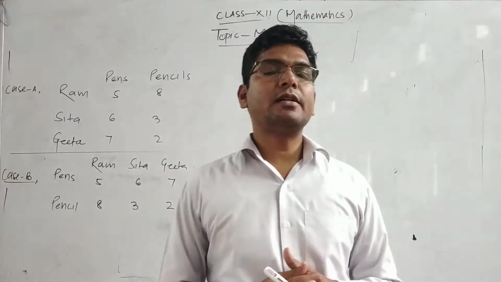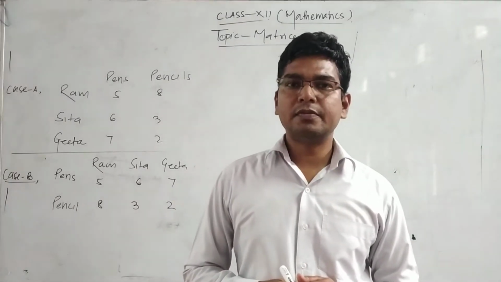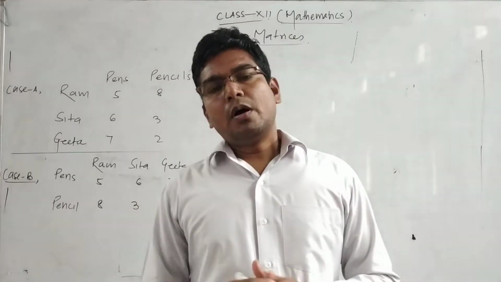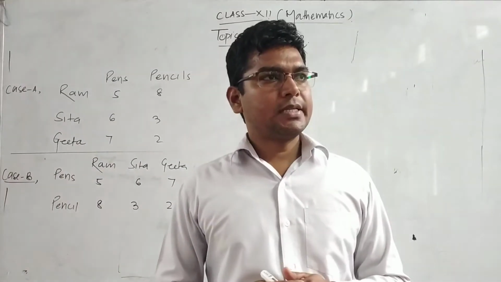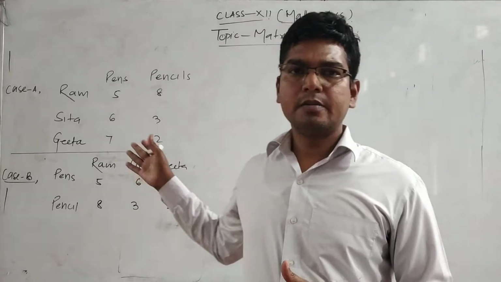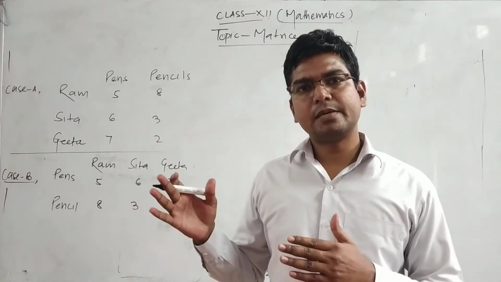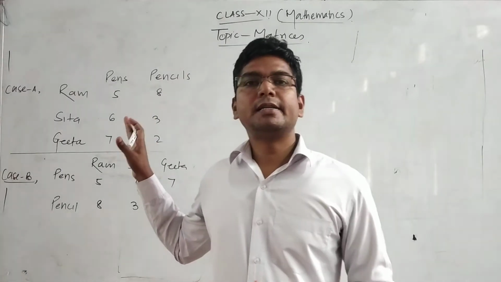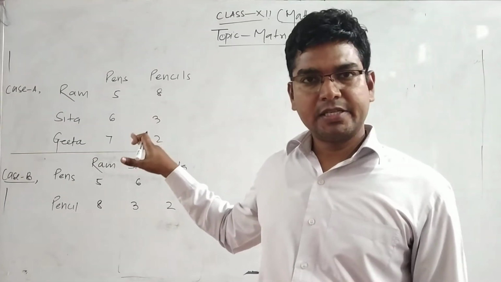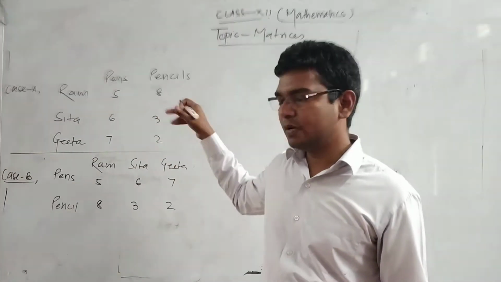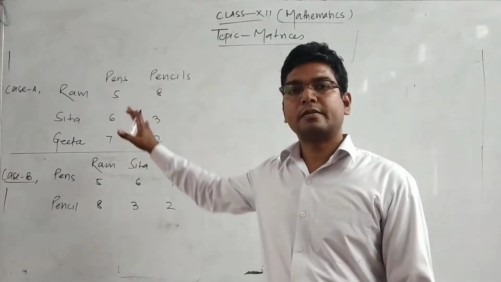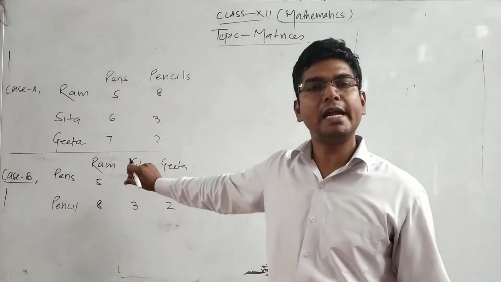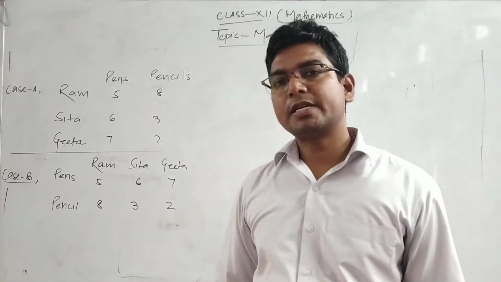So I will start this topic with the help of an example. Now I have taken an example that there are three friends, Ram, Sita and Geeta. They have purchased some objects and I have represented the objects purchased by these three students in tabular form, that is table number 1 or table number 2, or you can say case A and B, but the information remains the same.